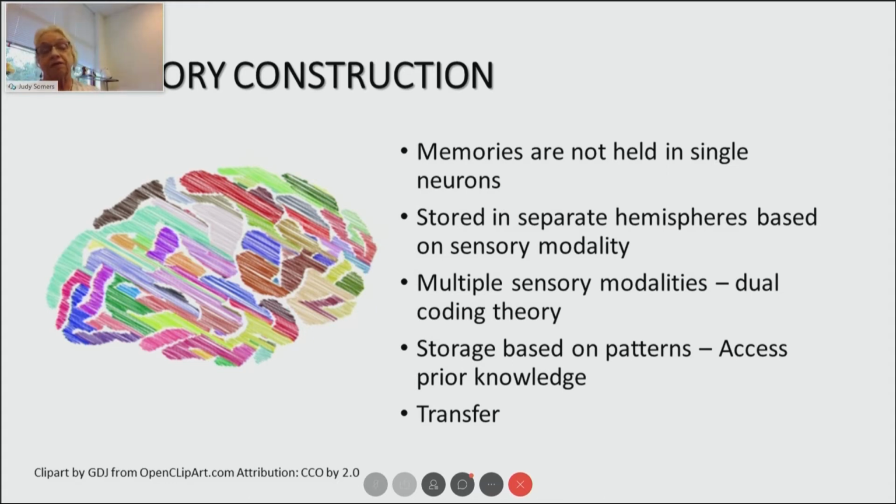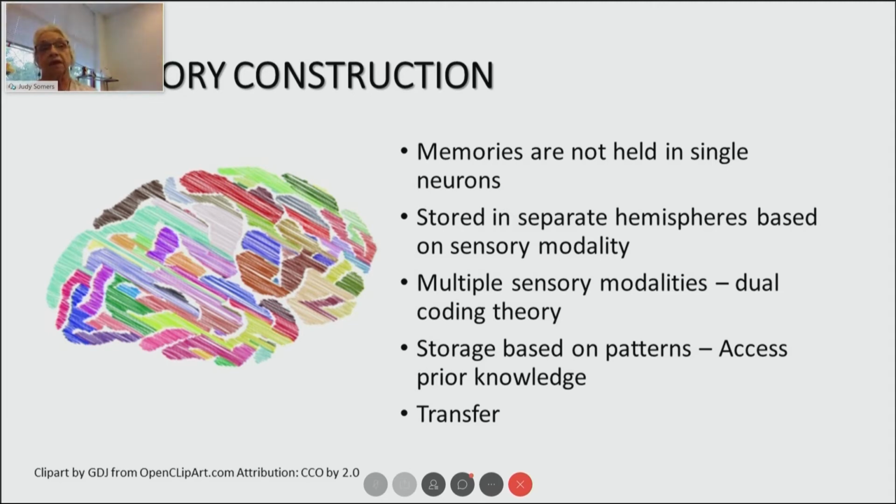Some very basic information, and there's a lot more both in this book and in other resources, about how we construct that memory. Memories are not held in a single neuron, but the pieces of a memory are stored in various places in both hemispheres based on the modality.